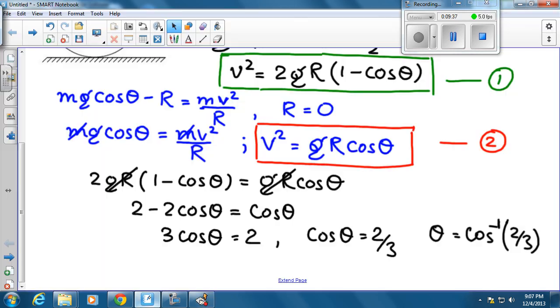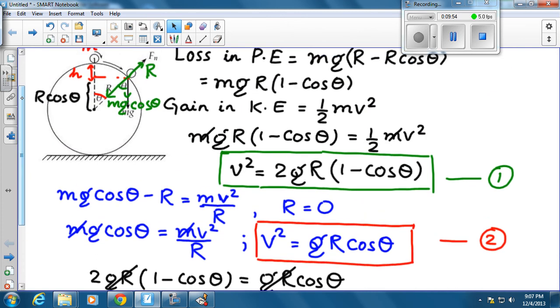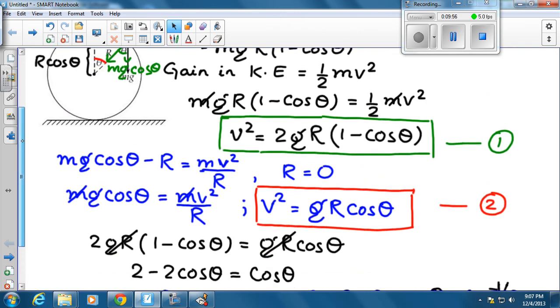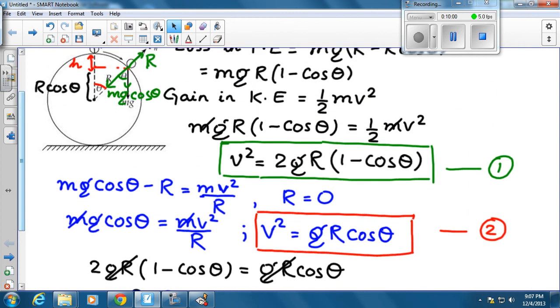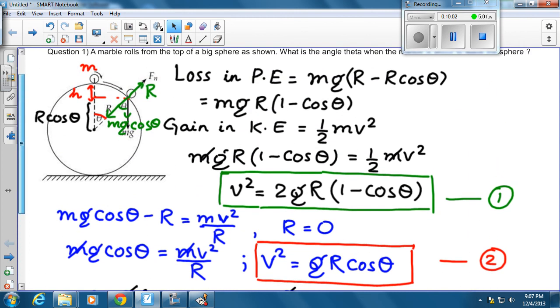So I could write 48.1, or how about we round it to 48.2 degrees. So that's how we solve this question. Obviously this angle is 48.2 degrees, at which the marble leaves the big sphere, and that's all.